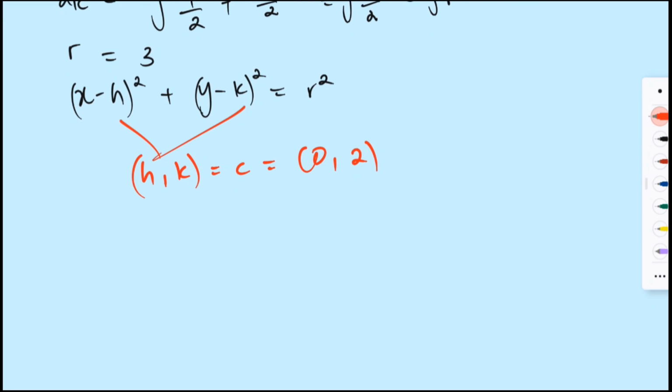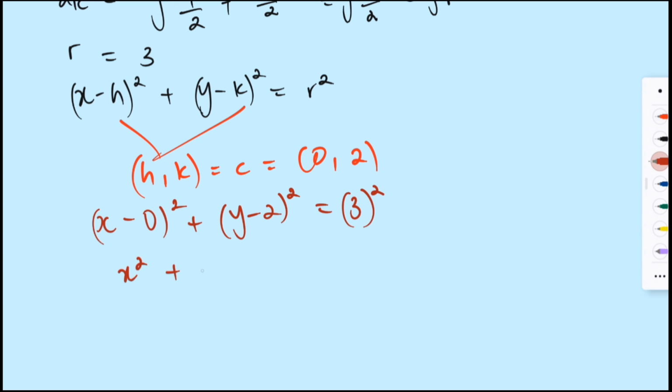Substituting this, (x minus 0) squared plus (y minus 2) squared equals 3 squared.